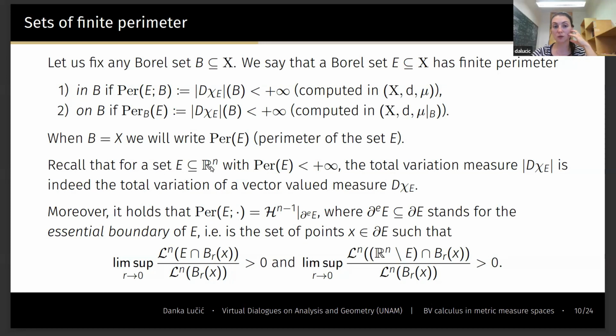Also, something that we know in the Euclidean setting is that the perimeter measure of a set E is nothing but the n-1 dimensional Hausdorff measure restricted to the essential boundary of the set E, where this essential boundary is just a set of points on the boundary of E, at which both the density for the set E and its complement is positive.